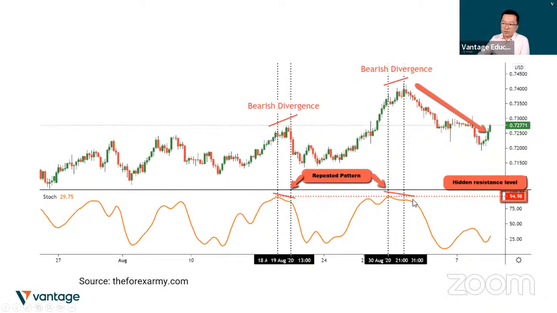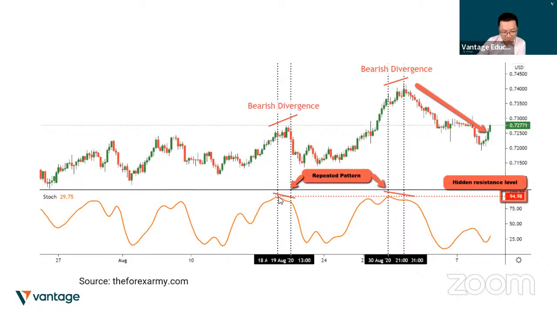So sometimes it's not just about drawing your support and resistance levels on the candles. It might help to start identifying some resistance or support levels on your stochastics, RSI or MACD. It provides a little bit of visual guidance to help you identify that potential divergence.